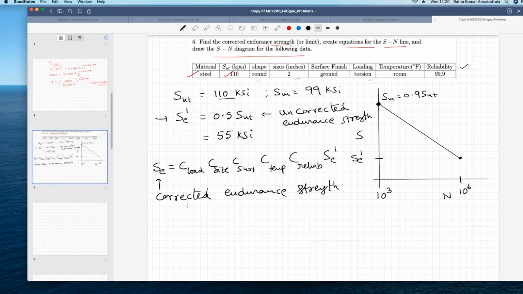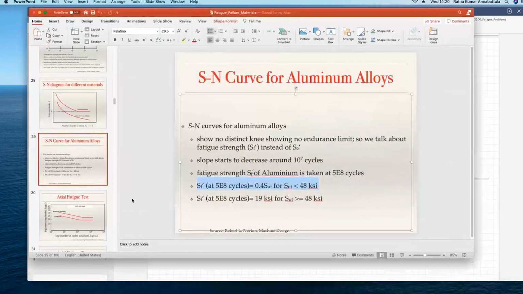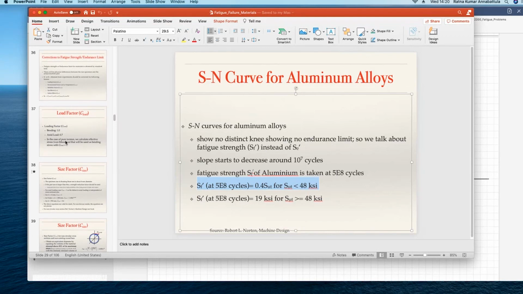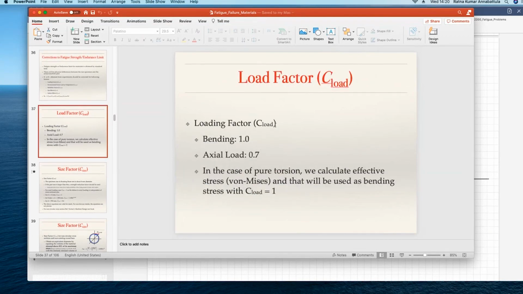So what is C load? The loading is torsional loading. For torsional loading, what should be our C load? Let's go back to our lecture notes and see. For C load, for bending loading, it is 1. If it is an axial load, 0.7.